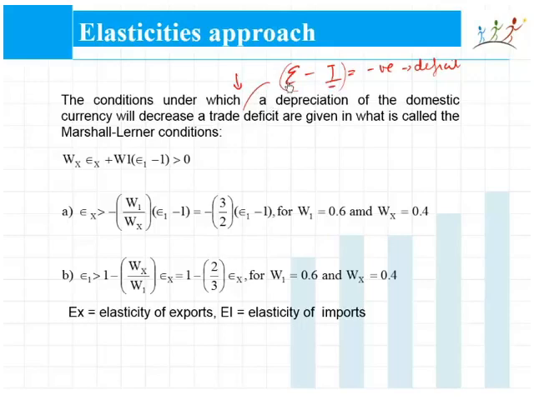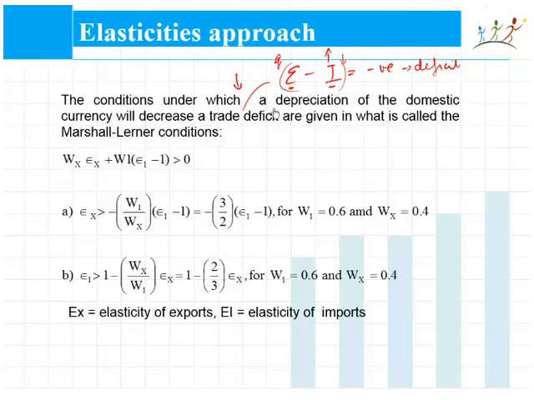If a currency depreciation increases our exports massively and reduces our imports, then the trade deficit will decrease. Whereas if a currency depreciation does not impact exports, however, it increases our imports, then the negative number will go up. So in other words, the deficit will go up.